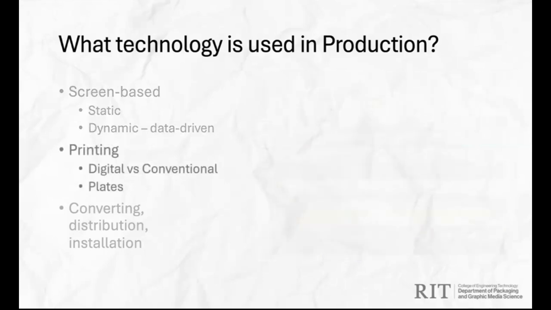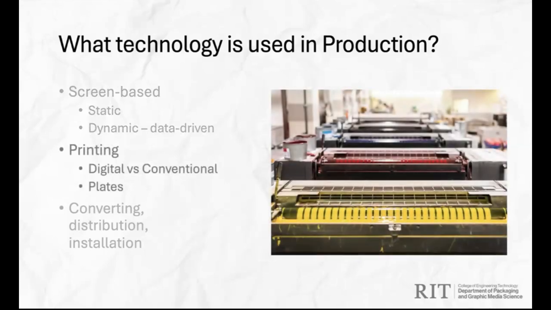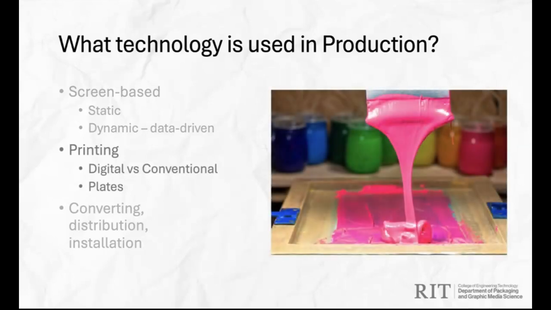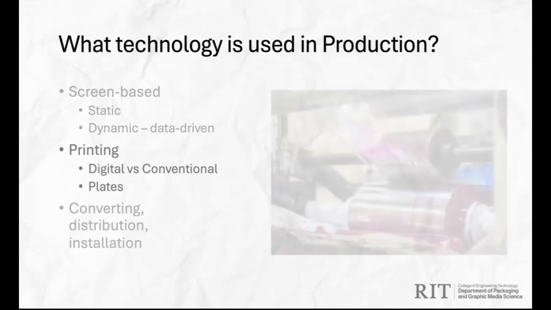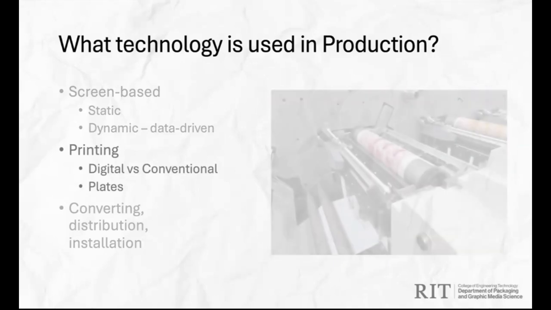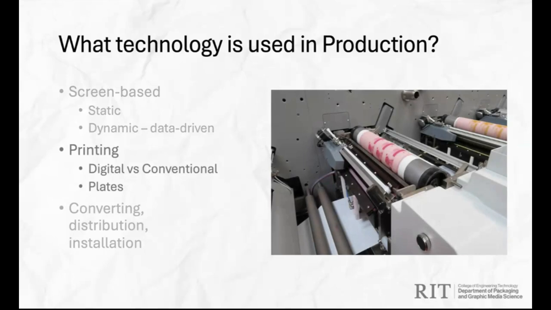Printing technology is even more complex, with more variables to understand and manage. Conventional printing, like offset lithography, flexography, screen printing, and gravure, each have unique printing characteristics. Graphic media professionals study these characteristics and use technology to transform files to optimize and match designs across technologies.